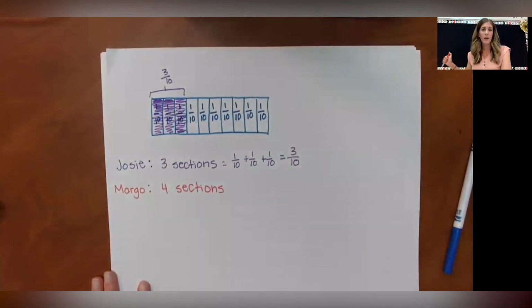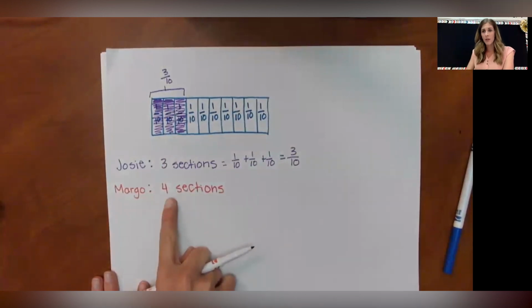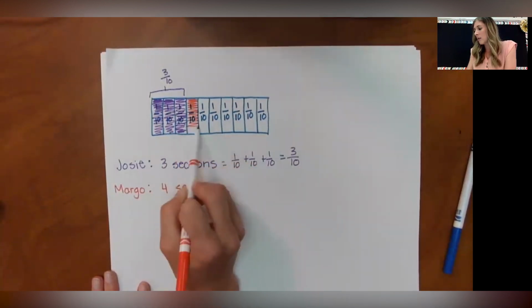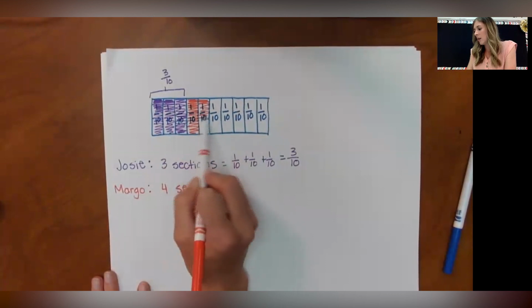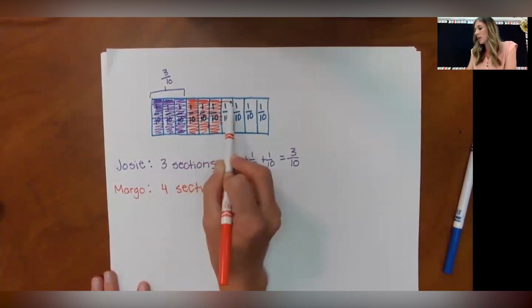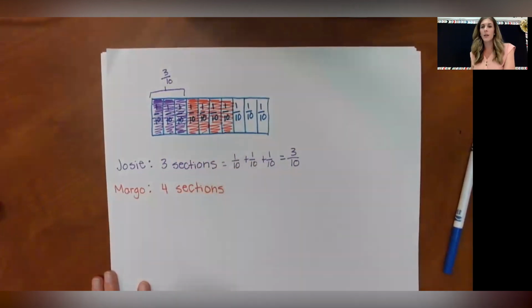What fraction of the fence did Margot paint? So we know that she painted 4 of the sections. So we can do some shading to model that. 1 section, 2 sections, 3 sections, 4 sections. So what fraction of the fence did Margot paint?